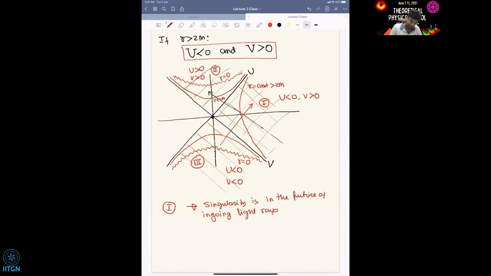Whereas in region 3, or rather I would say, one should be a little careful. What I mean to say is that for 1 plus 2, and 3 plus 1, here the singularity is in the past of outgoing light rays.